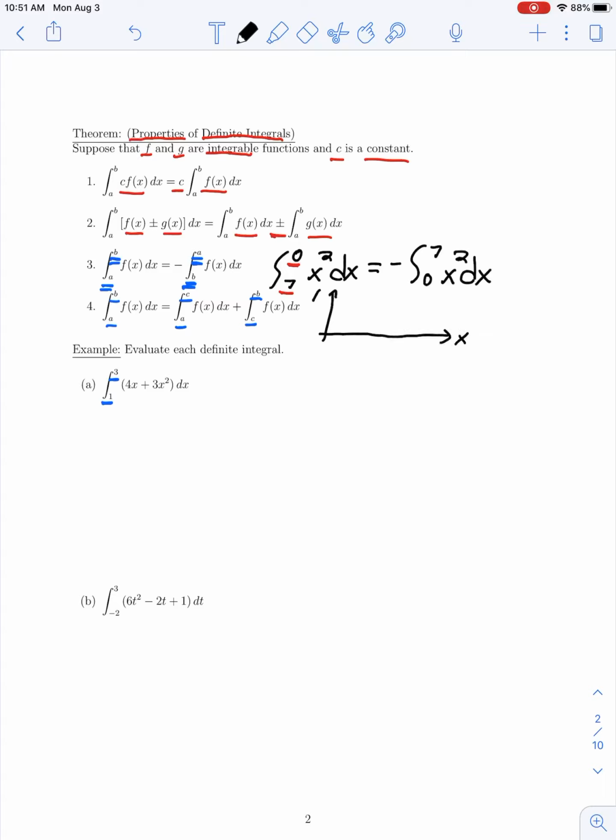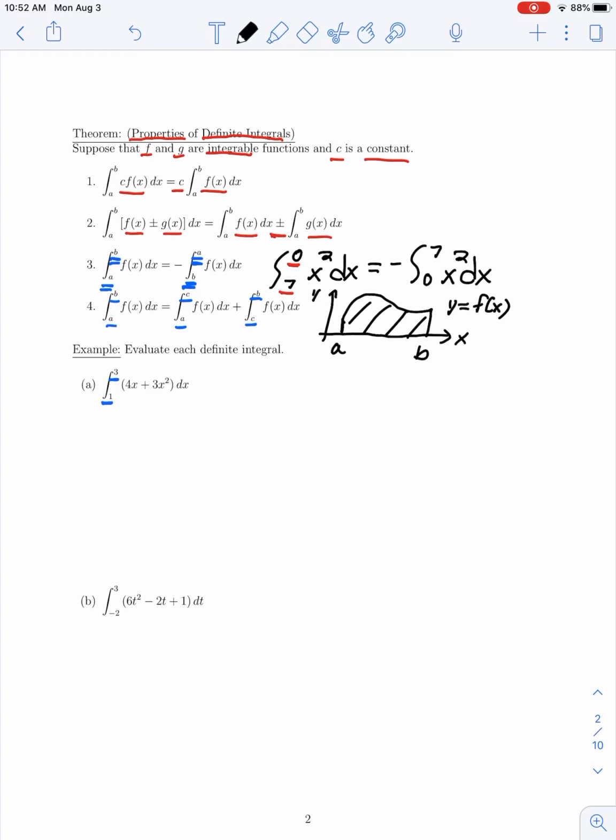So let's say that we have some nice smooth function, y equals f of x, on an interval from x equals a to x equals b, and I want the area of this shaded region that lies under that curve on the a to b interval.